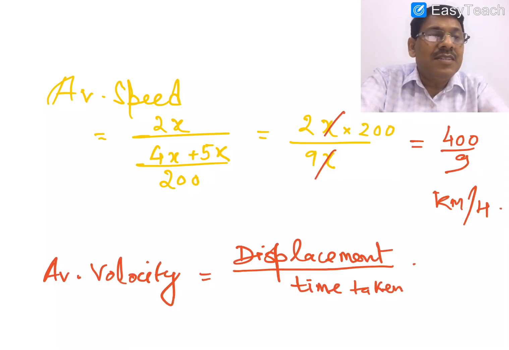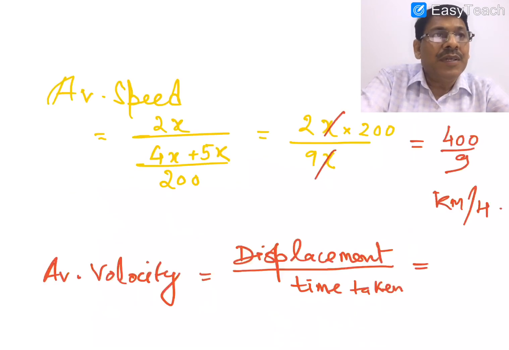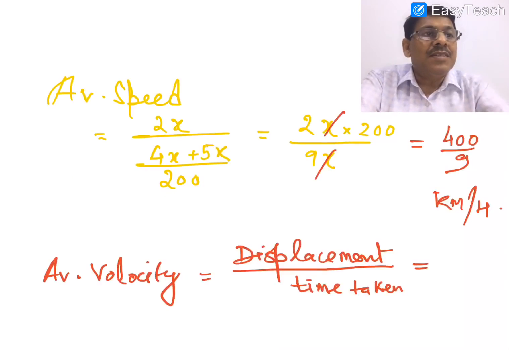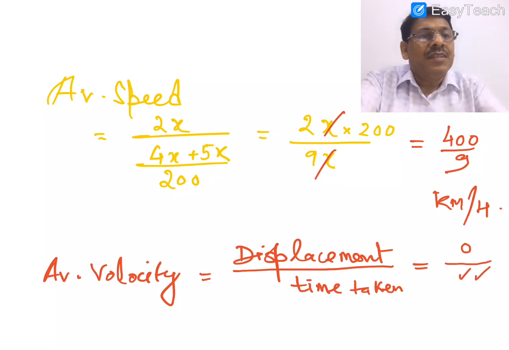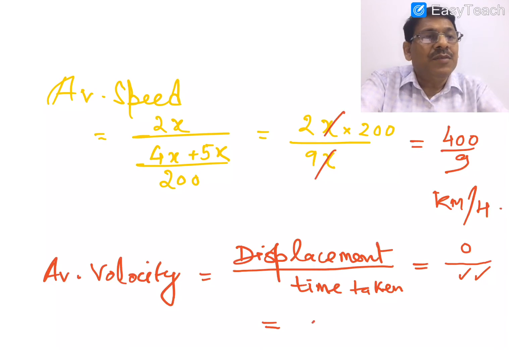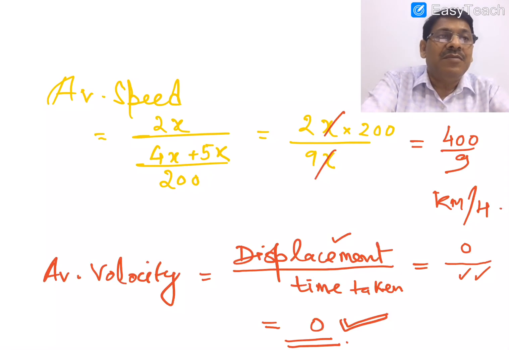Displacement in this case, the body starts from A to B and then returns from B to A, means displacement is 0. Whatever the time taken, the average velocity of the body should be 0, because there is 0 displacement, and the average speed of the body should be some finite quantity.